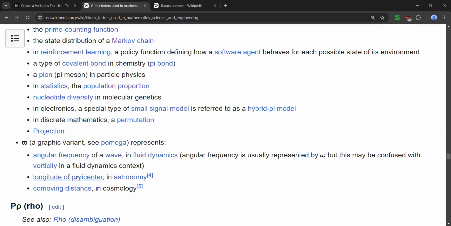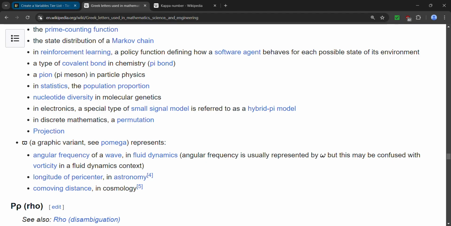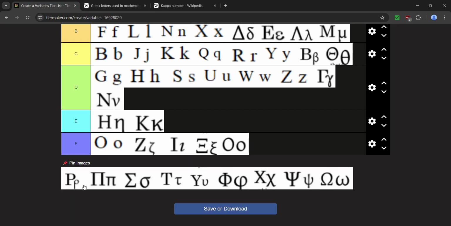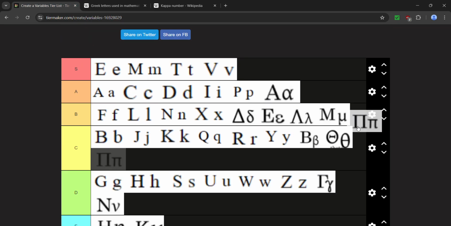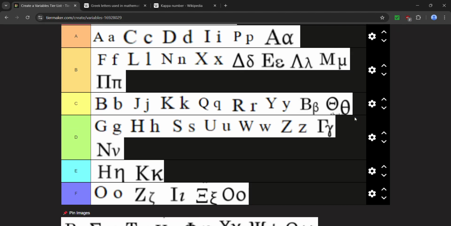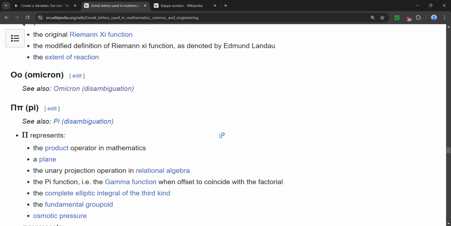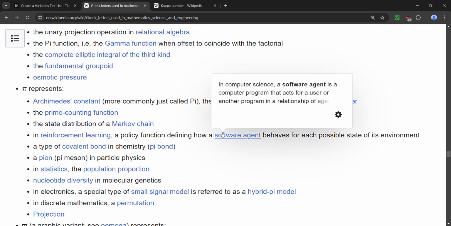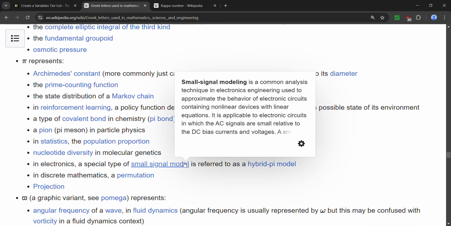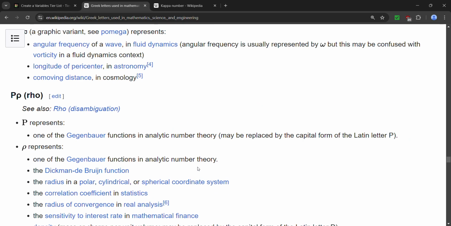Okay. What the hell? Man, these graphs are something else. Okay. Again, I'm gonna place it in B tier just because, 3.14, right? But it's not really that useful outside of that. There's a lot here. Maybe I'm completely wrong. None of these seem that interesting though.